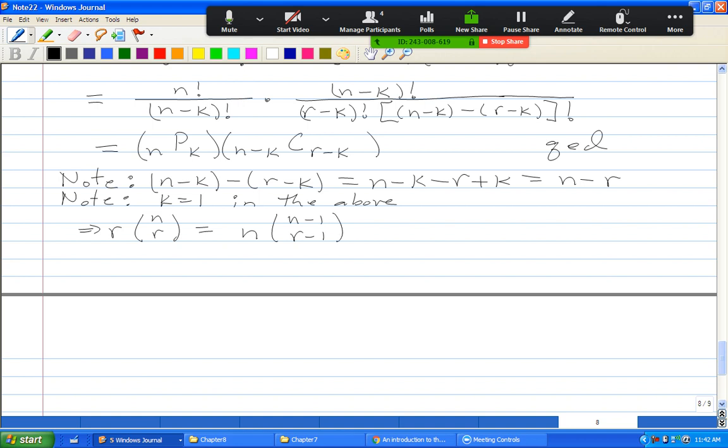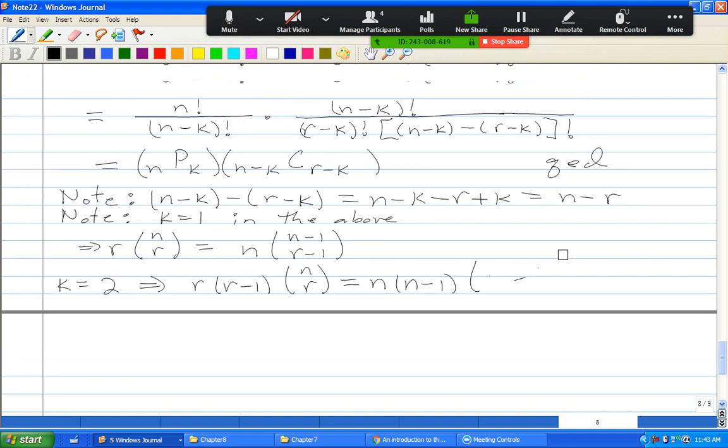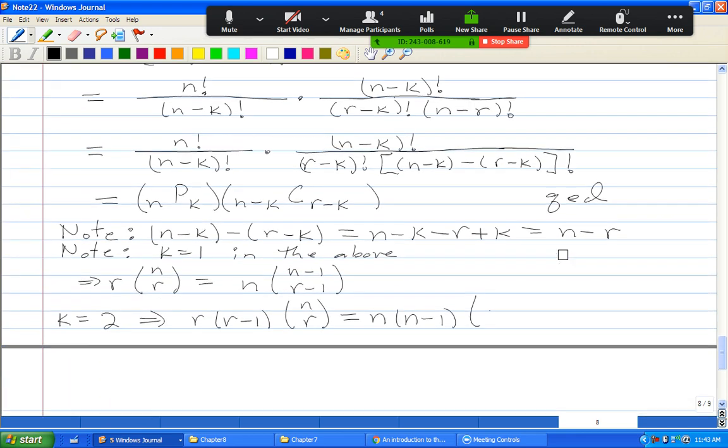And if K equals 2, it gives me R times R minus 1 NCR equaling N times N minus 1 times N minus 2 C R minus 2.